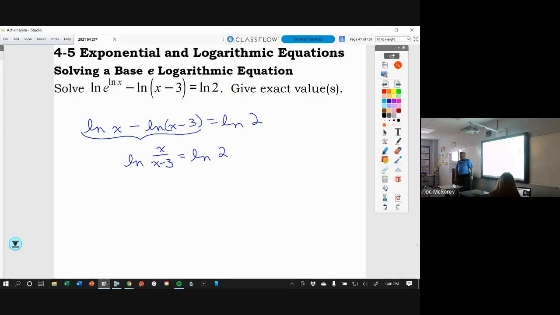How can that be true? How can the natural log of one thing equal the natural log of another thing? If x over x minus 3 equals 2. If the things are the same, right? Multiply both sides by x minus 3.